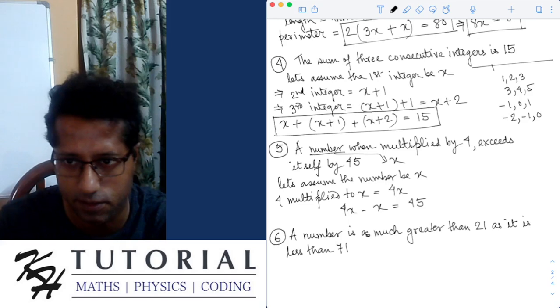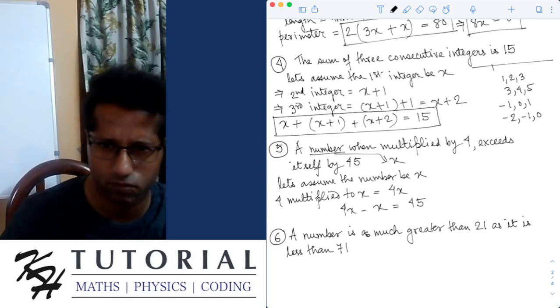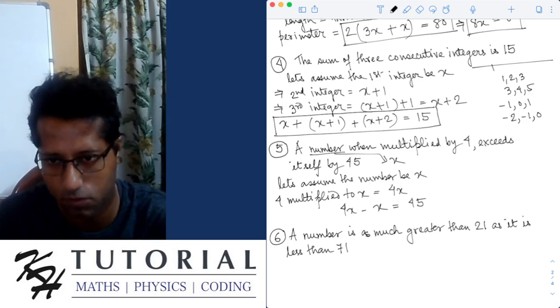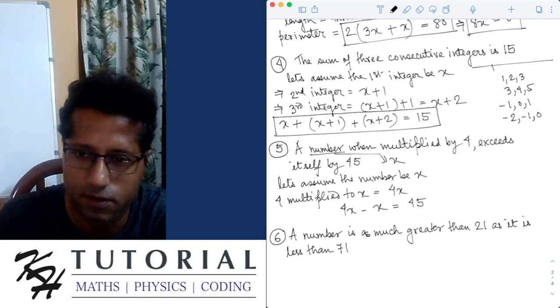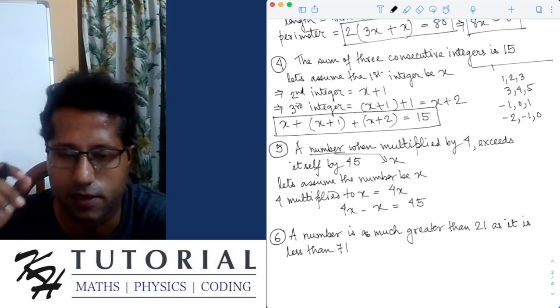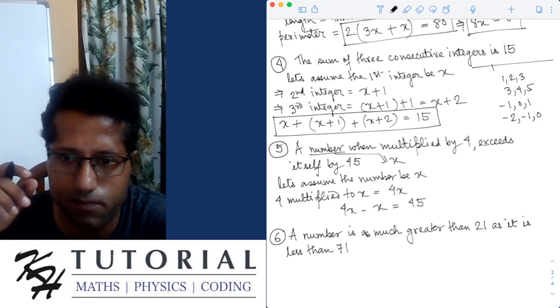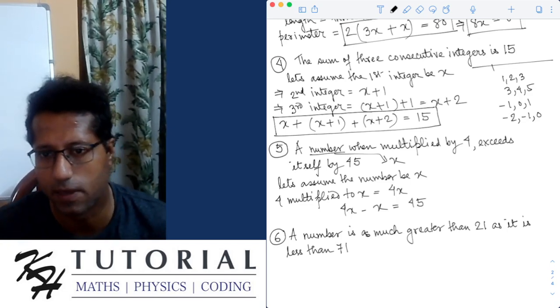So it is saying that a number when multiplied by 4, we have assumed that number to be the unknown variable x. Now when that number is multiplied by 4, that product 4 into the number is 4x, and it is saying that that product exceeds itself, meaning the number x, by 45.